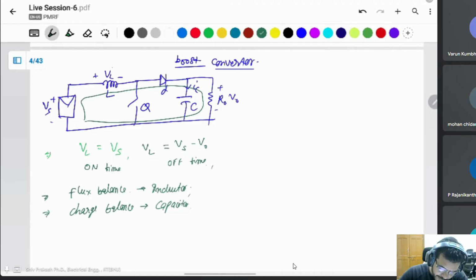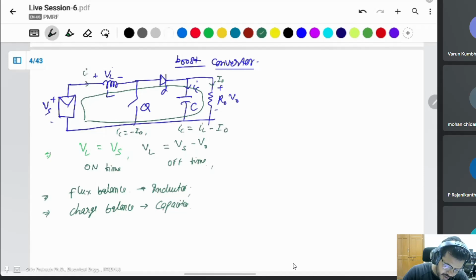On time, what is the capacitor current? The capacitor current is minus I naught. Suppose it is a constant voltage and current in the ideal case. And when the switch is off, then IC will be IL minus I naught.